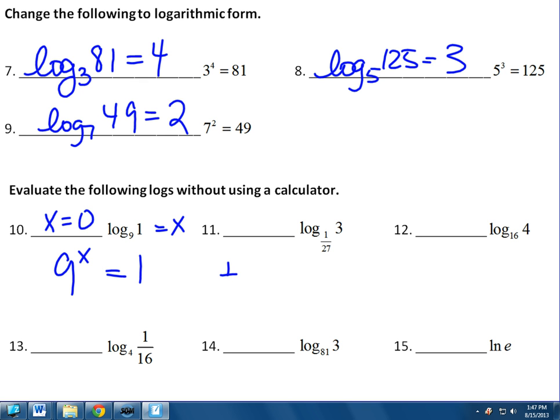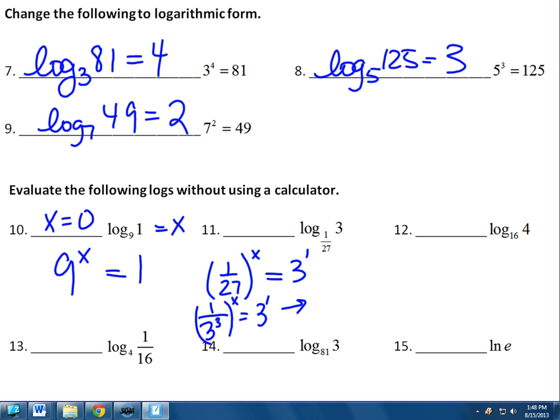In this case, 1 over 27 to some exponent equals 3. All right, this one's a little harder. Because usually what we do is we say, well, if we have the same base, then we can compare their exponents. So 27 is really 3 cubed. So I have 1 over 3 cubed to the x power equals 3 over 1.